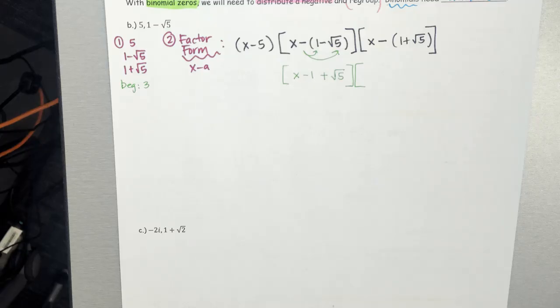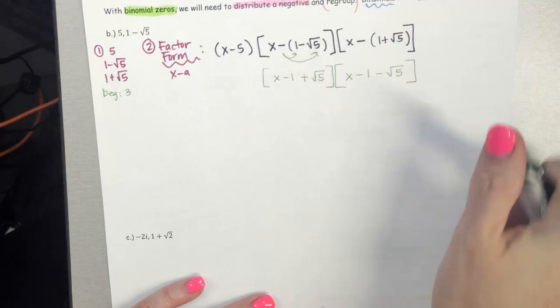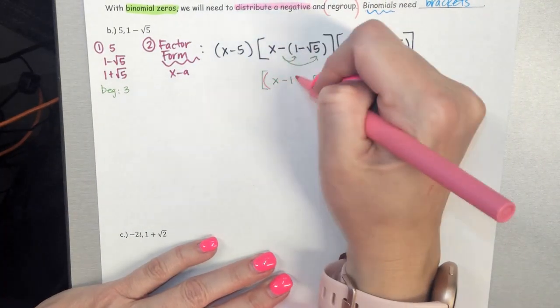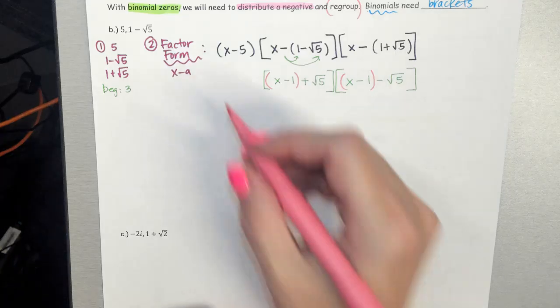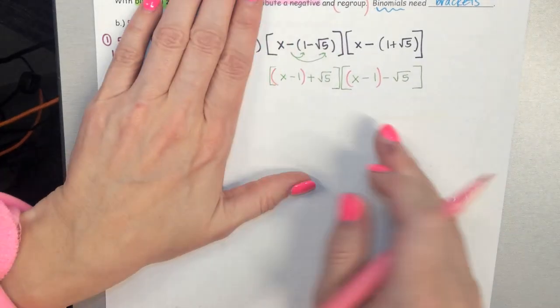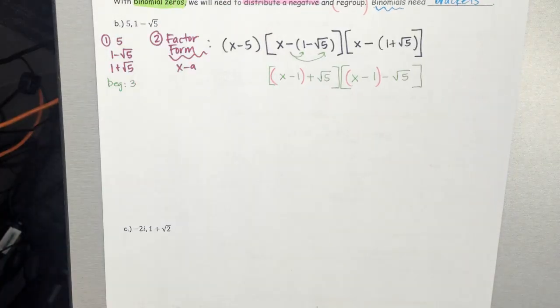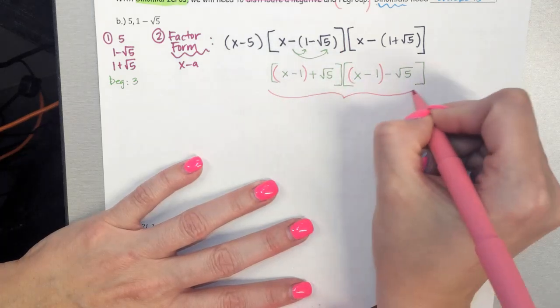Yep, what else though? When we regroup, we're going to regroup the non-radical terms together, which should be the same. So you got x minus 1 minus root 5. The regrouping is just grouping that non-radical term together. This x minus 5 is still in front. You don't have to write it out every time. We're just going to concentrate on multiplying these conjugates together first. The reason why we regroup is so that we can FOIL these together.